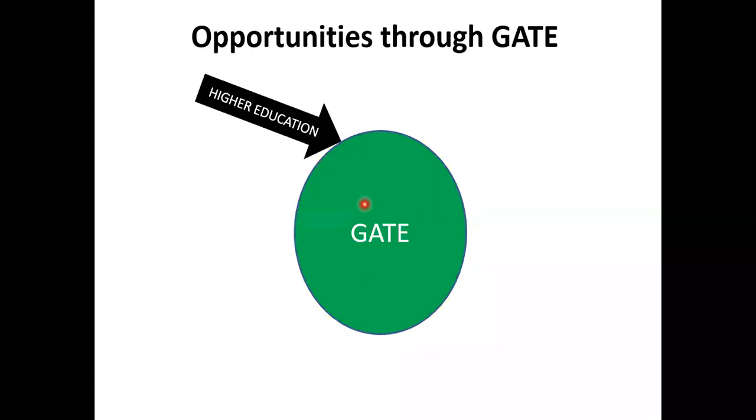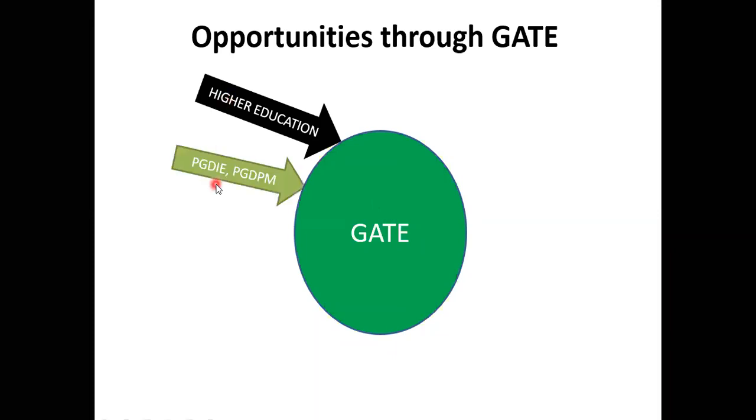Once your BTech is completed, if you want to do your higher education, meaning MTech or MS or integrated PhD, for that higher education you must have a GATE score. Depending upon your score only, you will get a seat. It may be in IISc or IITs or IIITs or NITs or famous institutions. Based upon GATE score only, you will get a seat for your higher education.